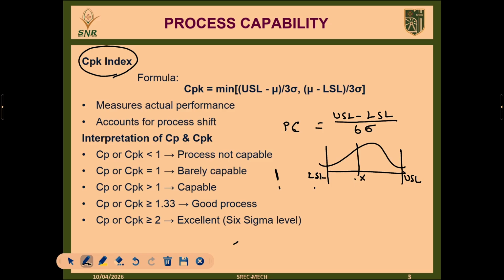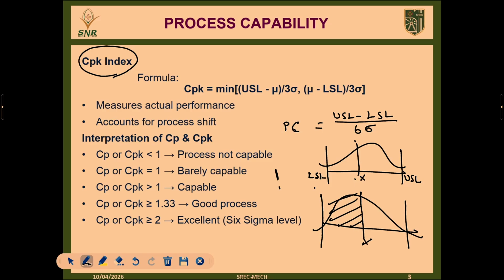While coming back to the CPK index, now the entire spread is divided into two. So upper specification limit, lower specification limit. So I have to consider left hand side half.